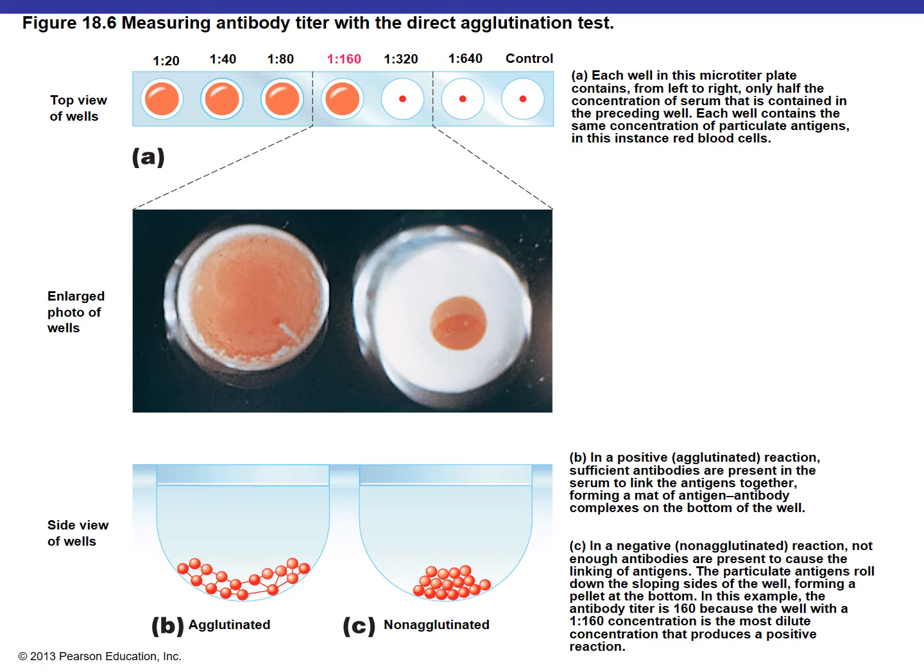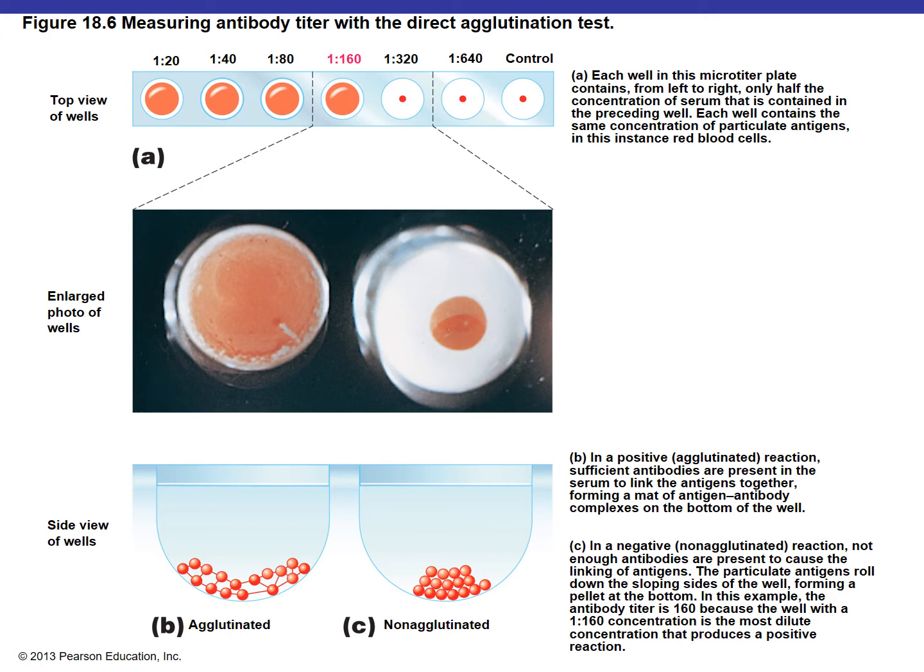If you look at the bottom panel, where we're looking at the side view of the wells, when the antibodies are bound to the red blood cells and they're agglutinated, the antibodies actually hold the red blood cells out at arm's length, so that they don't all just roll to the bottom of the well. Well, precipitate is probably not the best word to use here.